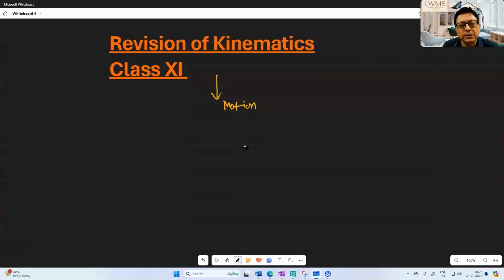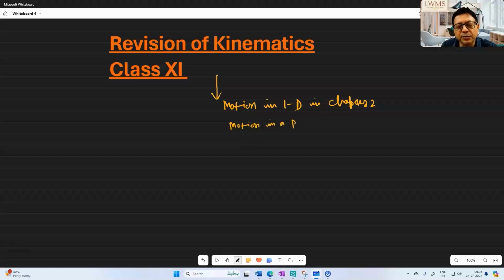So motion in one dimension, in the new CBSE book, new NCERT book better to say, motion in 1D is in chapter 2 and motion in a plane including vector is in chapter 3.